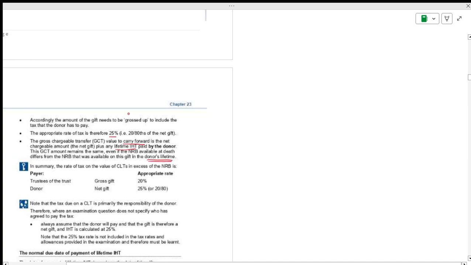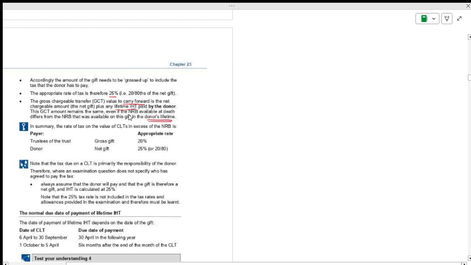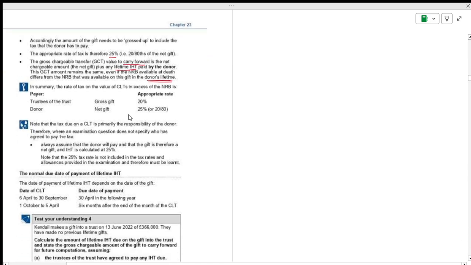The rate of tax on the value of a CLT in excess of the NRB is paid by the trustee of the trust for a gross gift, and by the donor for a net gift. This is 20% and then 25%. If the donor pays it is 25%, if the trustee pays it is 20%, and the gift is gross or net accordingly.